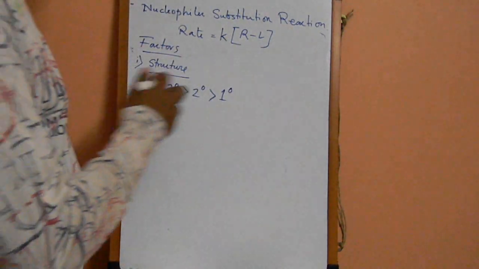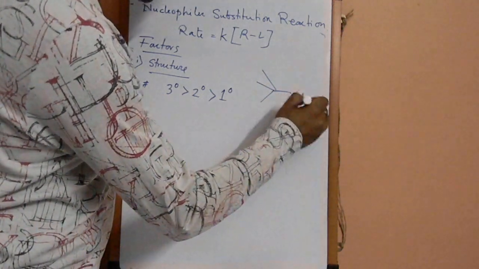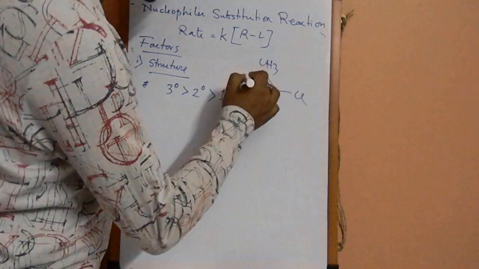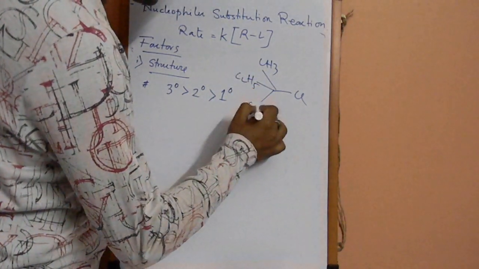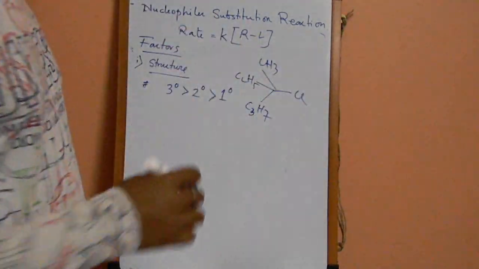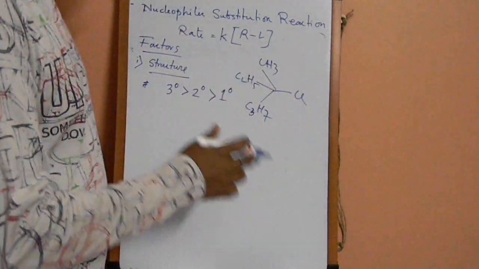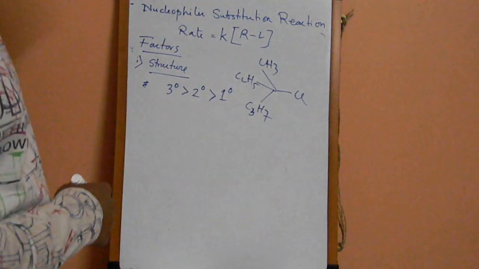So primary halides are always like these things, suppose CH3, C2H5, C3H7. This kind of substrate is always a very, very good candidate for the SN1 reaction.